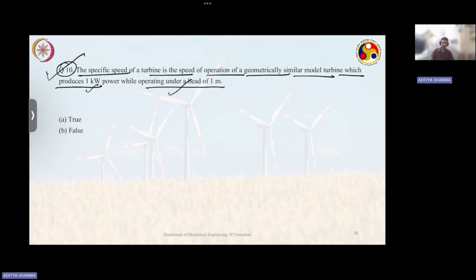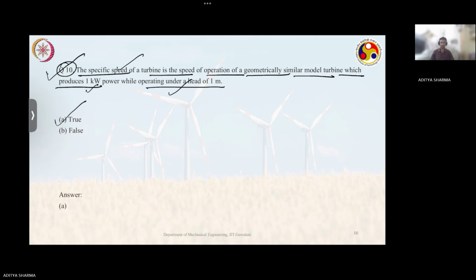And this turbine is geometrically similar to your real turbine. In that case, the operating speed of this turbine is your specific speed. So this is a correct statement.